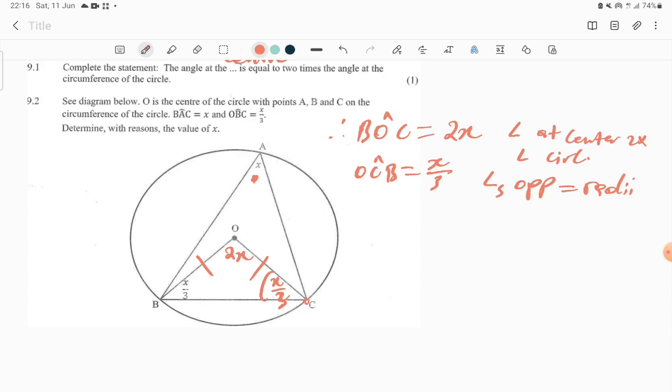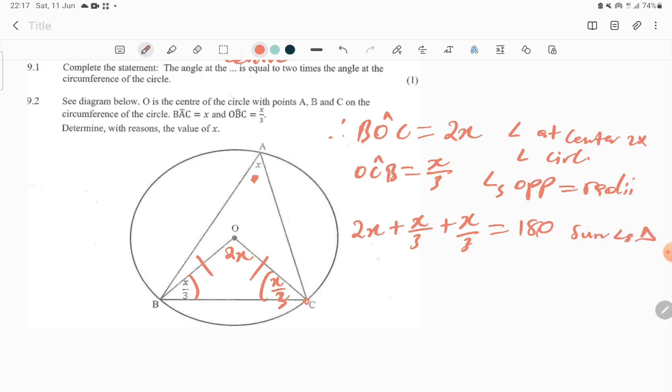Now, you can see that we have everything in this triangle, so we can add them up to 180. That makes 2x plus x over 3 plus another x over 3 equal to 180, which is the sum of angles in a triangle.